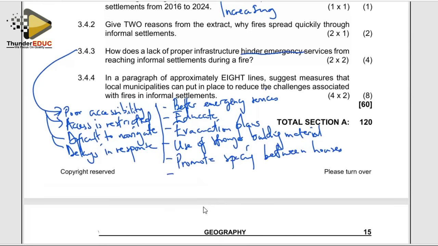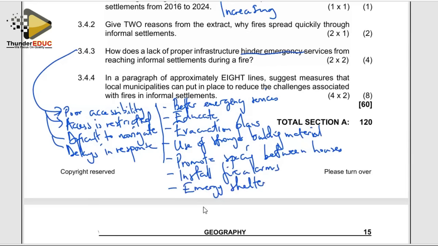Or we can also look at other things like fire alarms. To alert people that there's a fire outbreak, there must be a fire alarm system. And then maybe we also need emergency shelters.